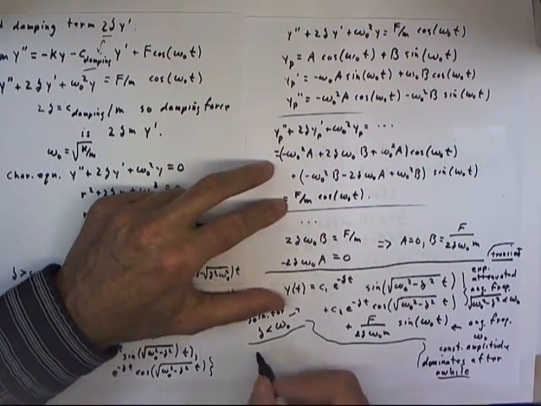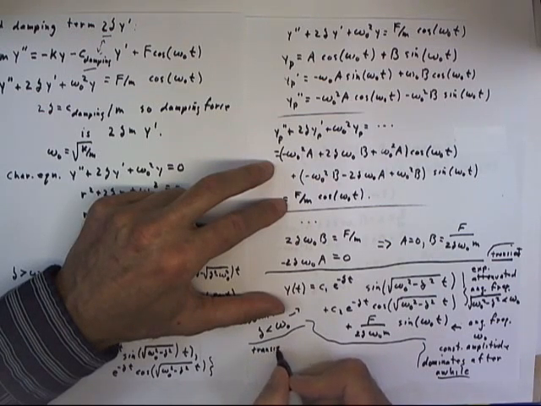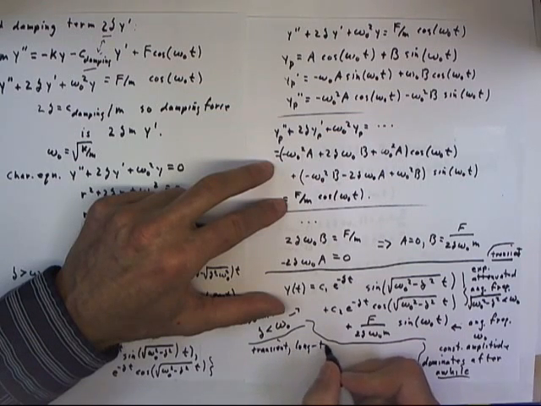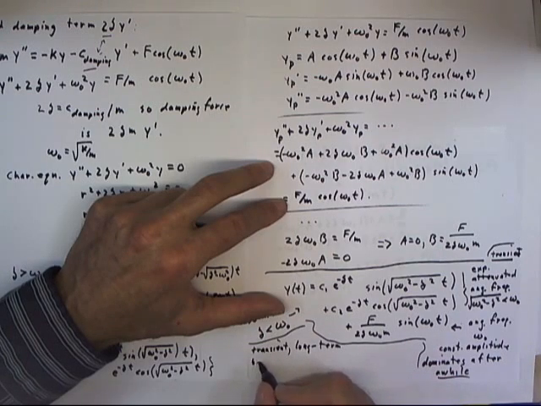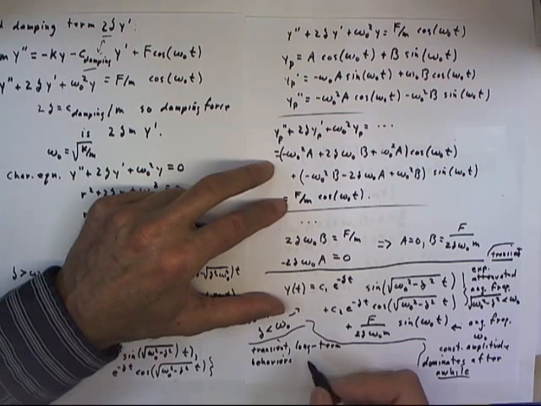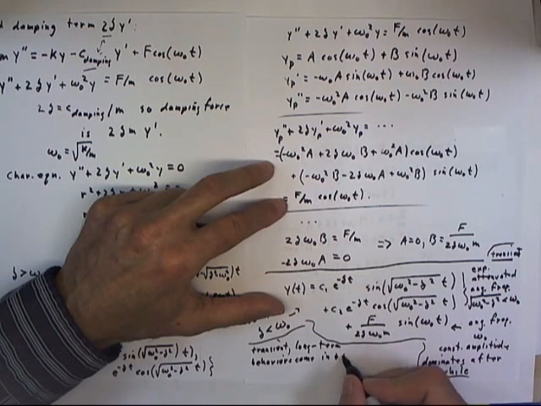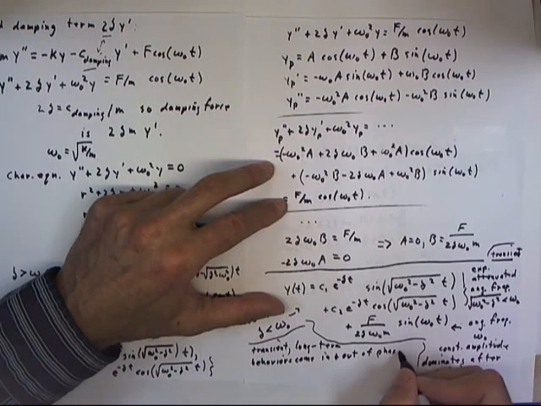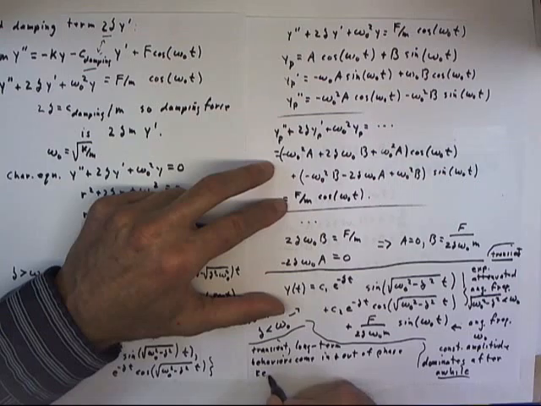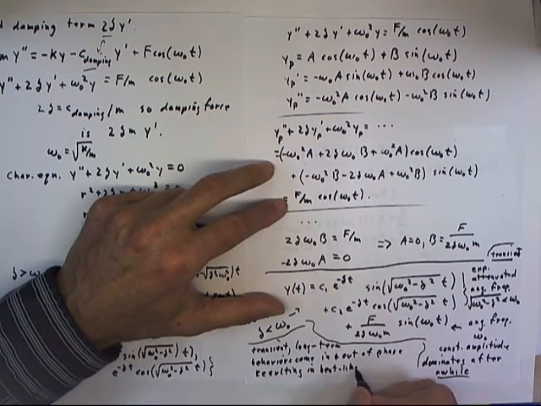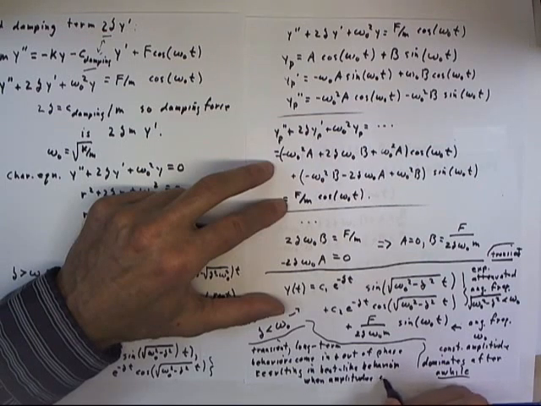So I can say, if I've got room to write it down here, the transient and long-term behaviors come in and out of phase, resulting in beat-like behavior, and you can look up what that means, when the amplitudes are comparable.